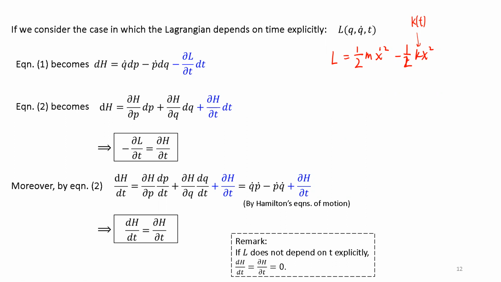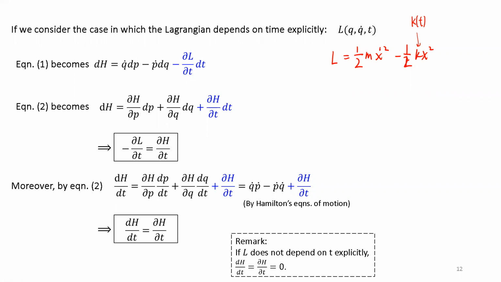Now if this L does not depend on time explicitly, then we say that partial L partial t is 0. And that means partial H partial t is also 0.